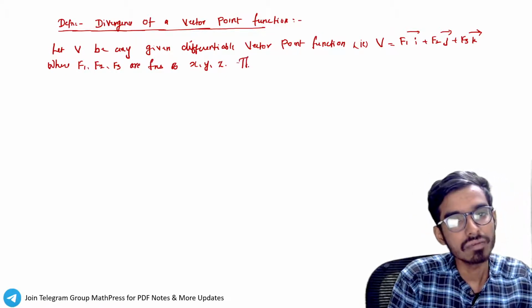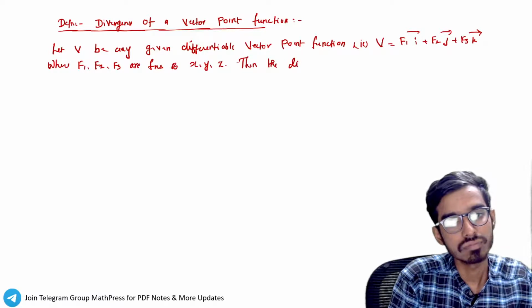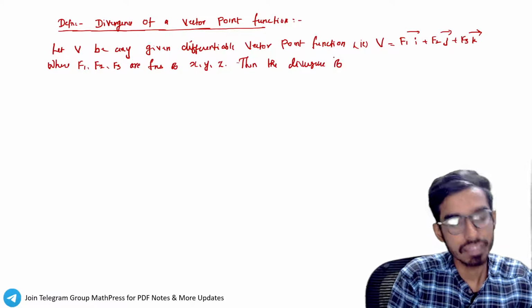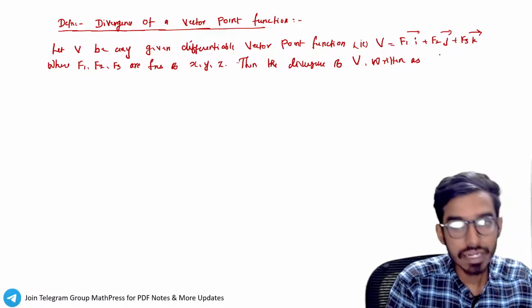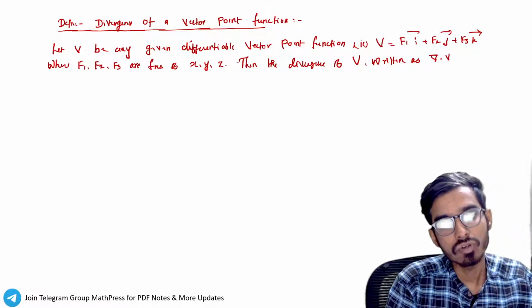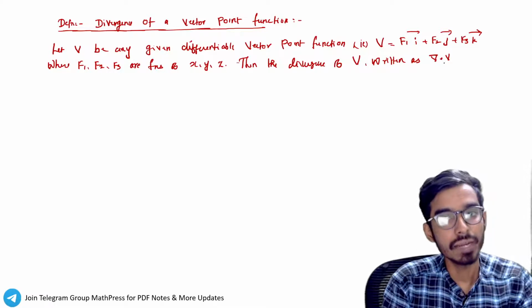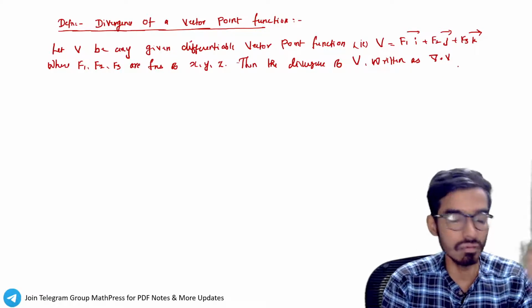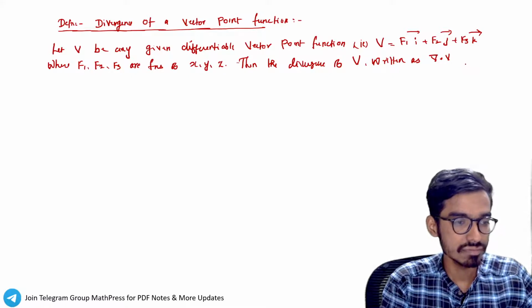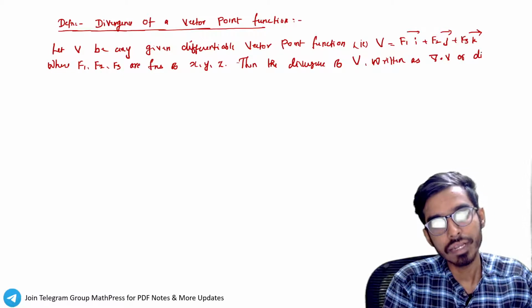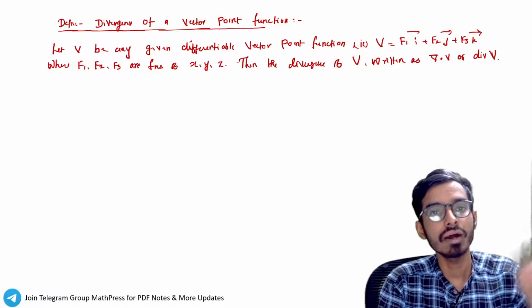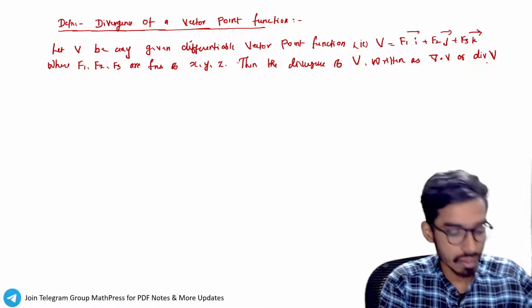Then the divergence of v is written as del dot v. For gradient we use grad f or del f, but here we have del dot v, or divergence of v.